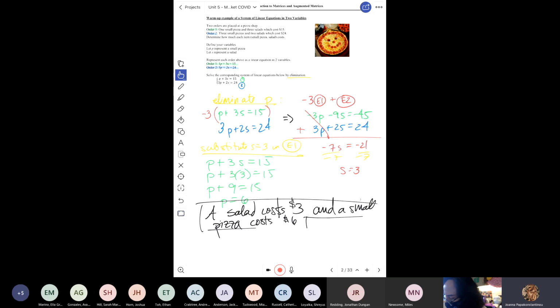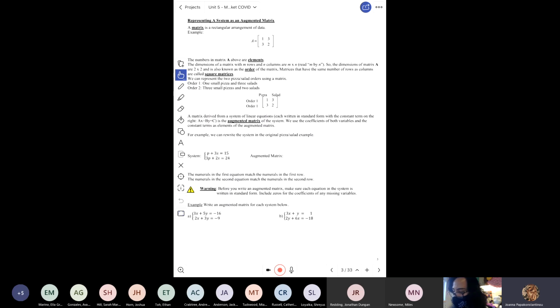Now, how would I take this same information and represent it as a matrix? Well, remember, let's just recall our equations. Our system was 1P plus 3S equals 15, and 3P plus 2S equals 24.